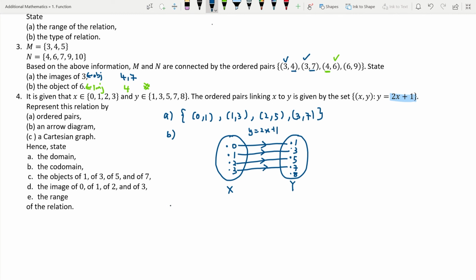Okay, so C, let's draw the Cartesian graph. For x, we have 0, 1, 2, 3.